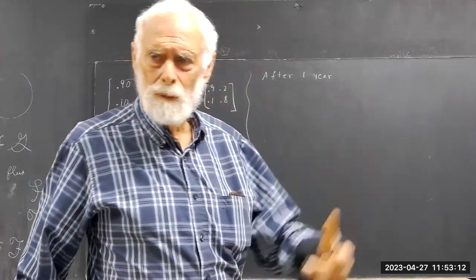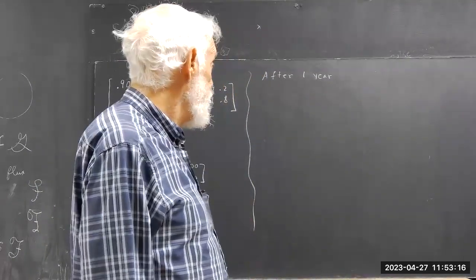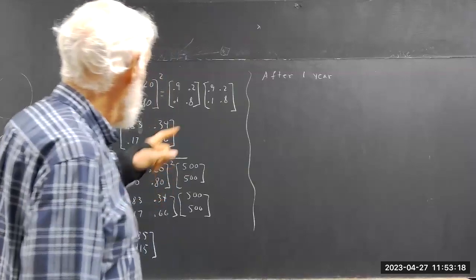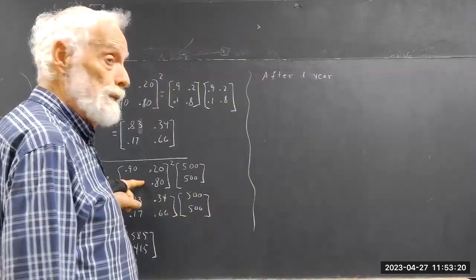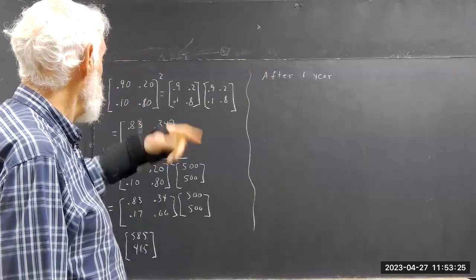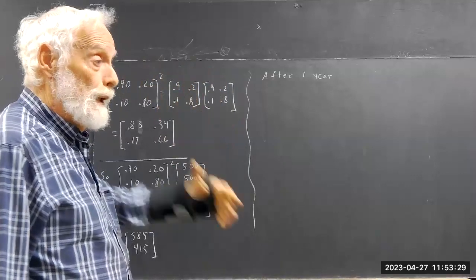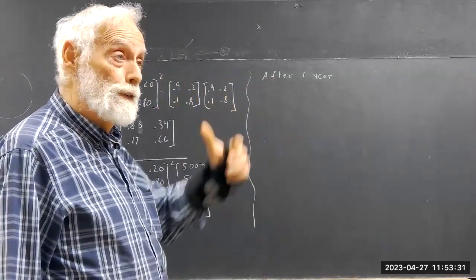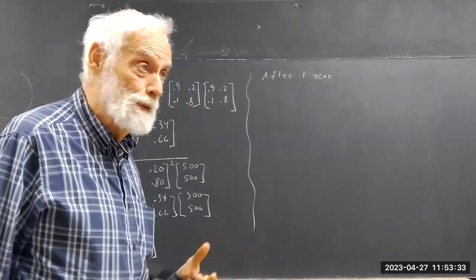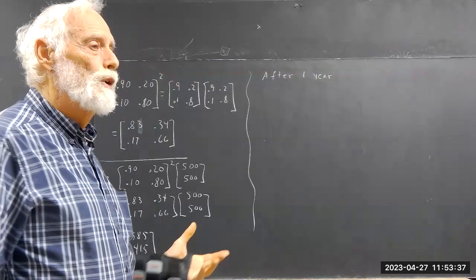Actually, more than two, but we'll go with two choices. I can multiply 500, 500 by this matrix, then multiply the result by this matrix, and keep multiplying by this matrix and do that 365 times. Nobody in their right mind is going to do that.